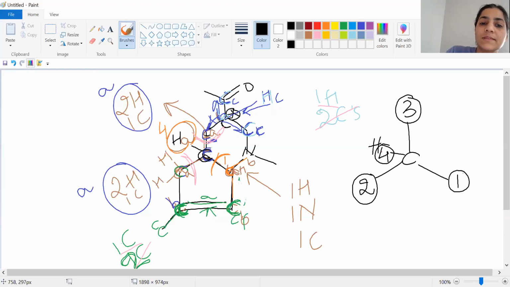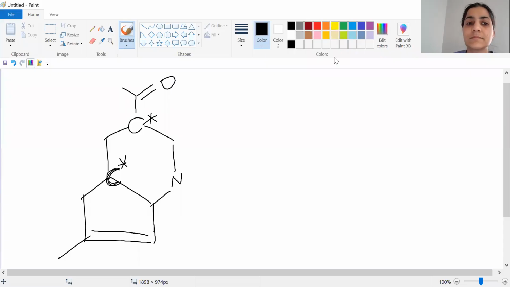So around this particular carbon atom, all the 4 groups are different, and I have given them the priority also. So at this point, we know that there are 2 chiral atoms. What about this? Yes, this is also a chiral site.